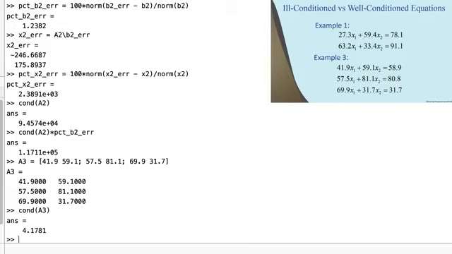Anyway, despite talking all this time, I've not even begun to scratch the surface of linear algebra. We didn't get to the inverse of a matrix, for example, or the pseudo-inverse, or singular value decomposition, or eigenvalues, or eigenvectors. All these topics and more are covered in a typical linear algebra course, and MATLAB has functions for all of them.